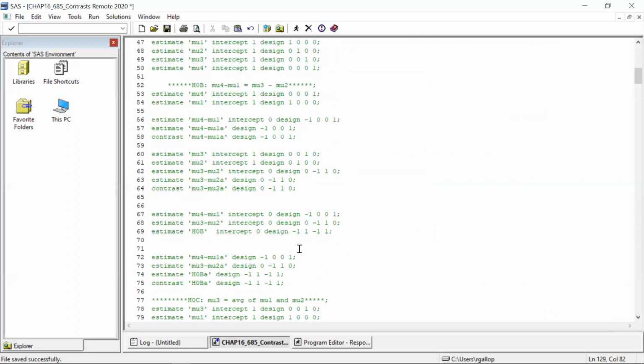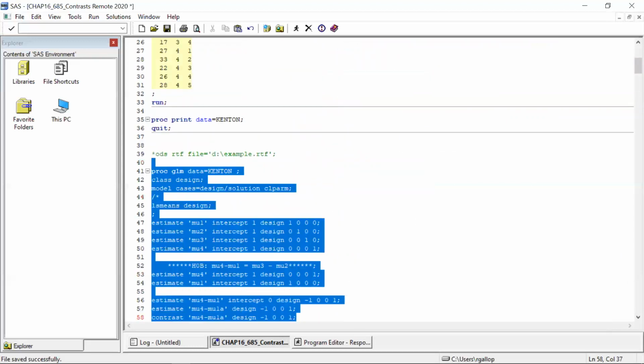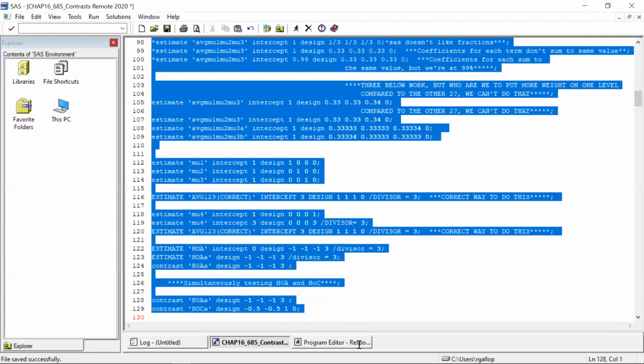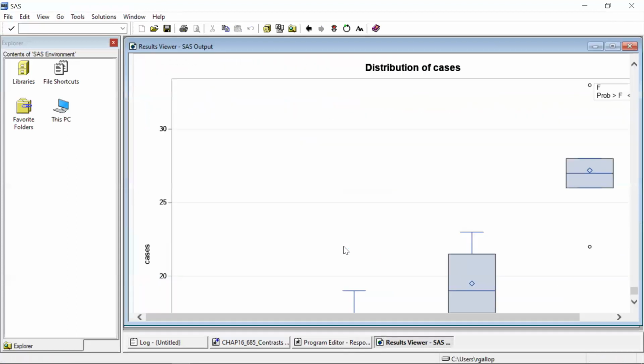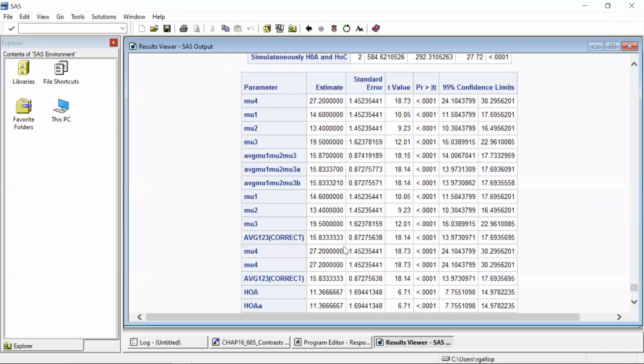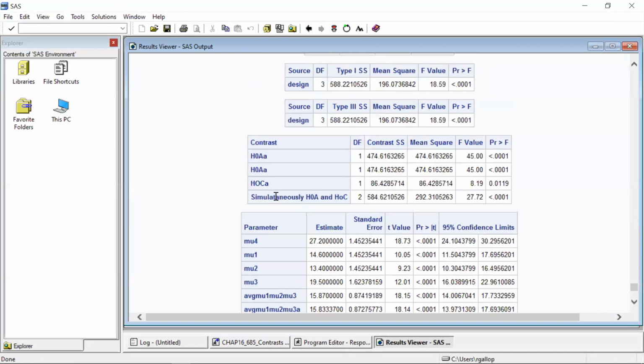When I run this, you guys will see this output. This simultaneous test is a 2 degree of freedom test, right? Because we got 2 linearly independent components.